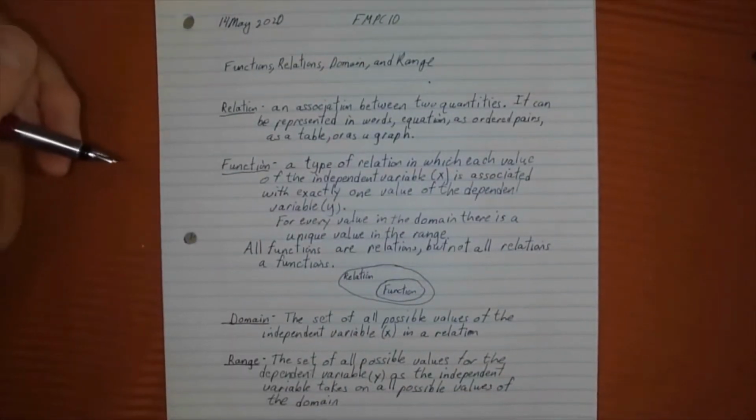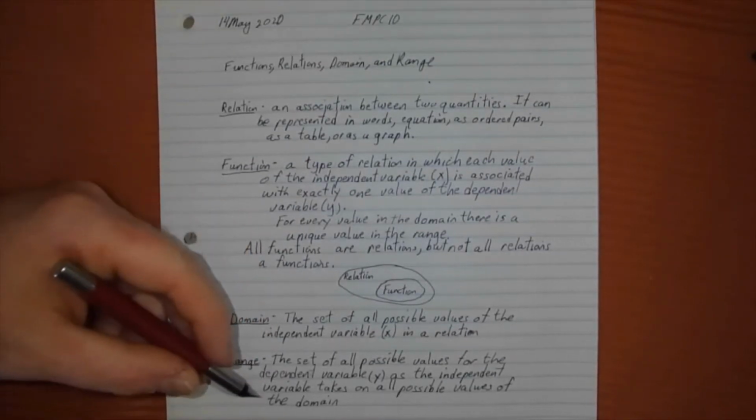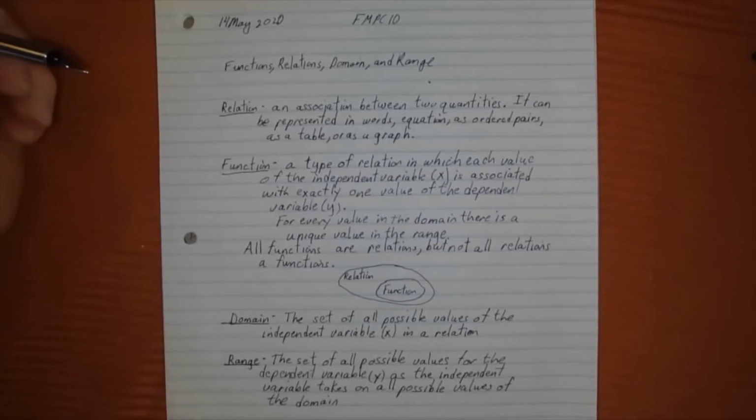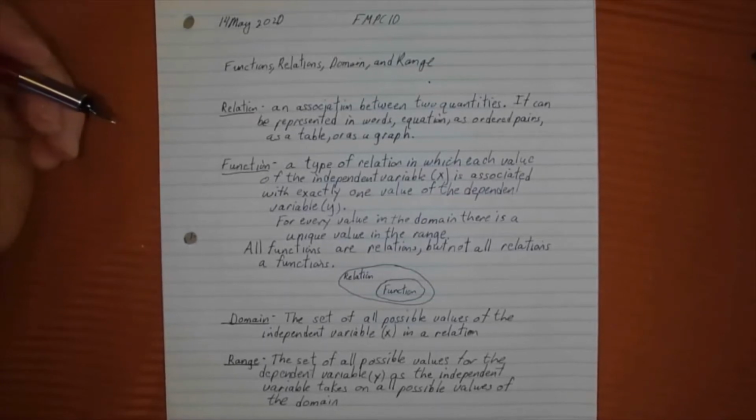So the domain is x values, the range is y values for all possible x values. So think of it, of all my possible x values, I have to have a number that matches the range. If I have an x value without a corresponding y, it's not correct.